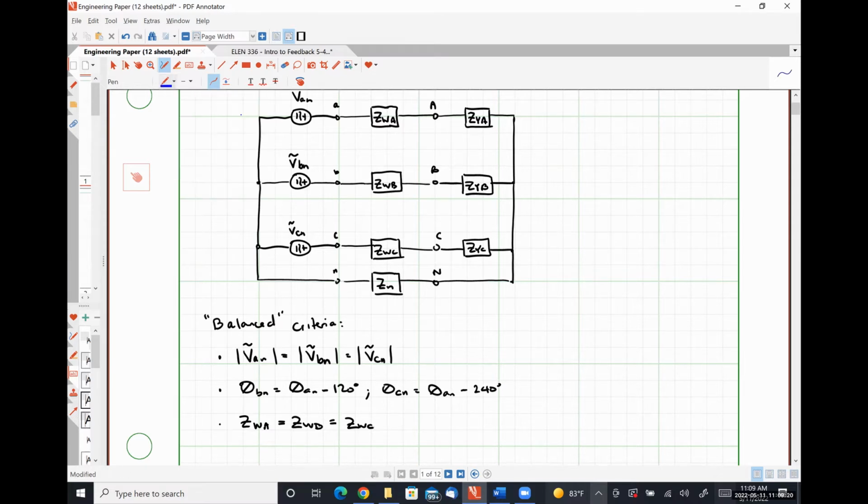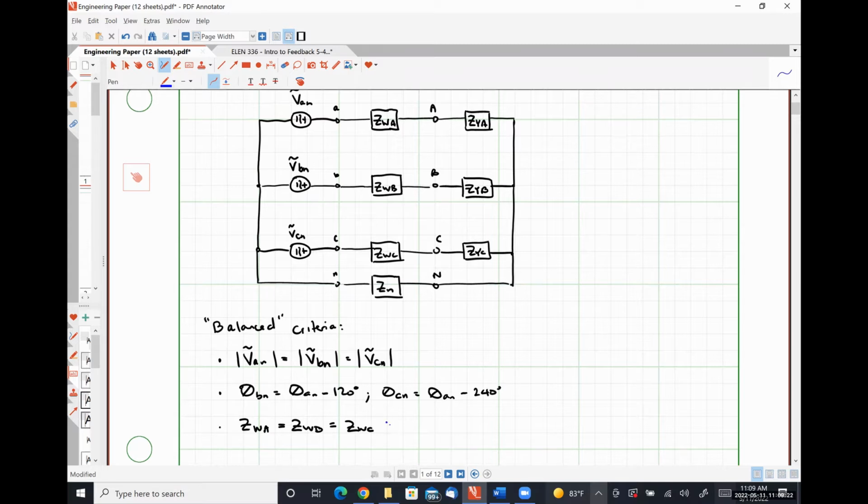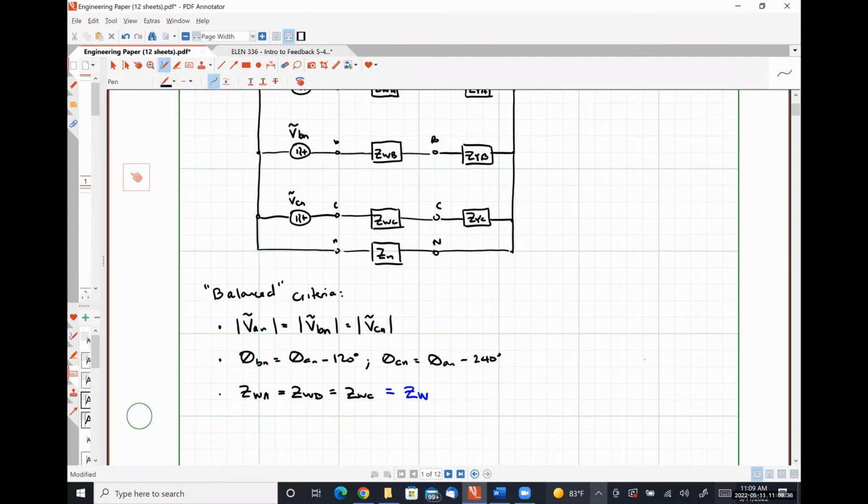In a little bit, we're simply going to represent this as the quantity ZW. So a single quantity that's repeated 3 times as opposed to 3 different quantities all having the same value. So that's what balances our transmission line network.